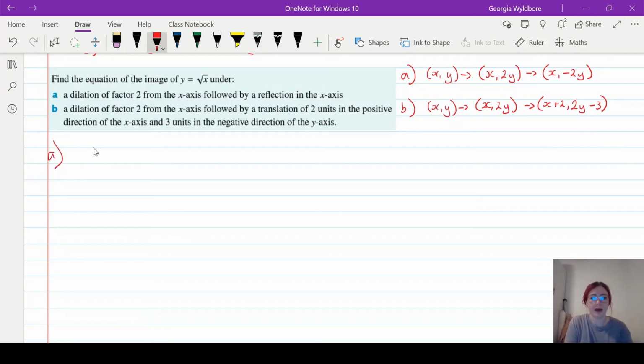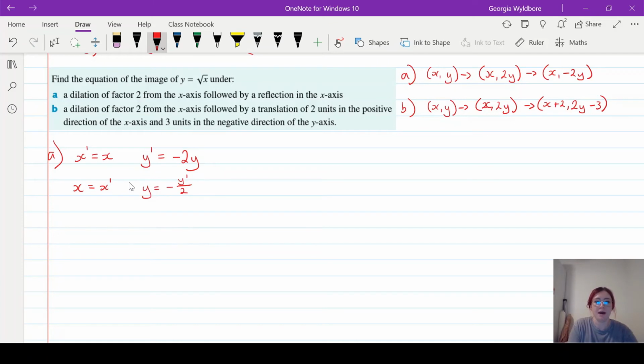So for A, since we've already got that mapping done, we know that x goes to x dash. So we know x dash is just equal to x in this case, and y dash is going to be equal to negative 2y. Rearrange those so they're in terms of the variables we want. So in this case, y is going to be equal to negative y dash on 2. It doesn't matter where the negative is specifically.